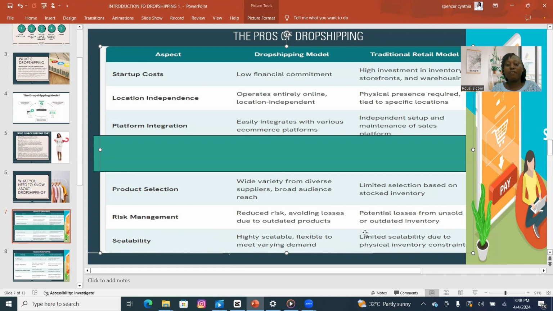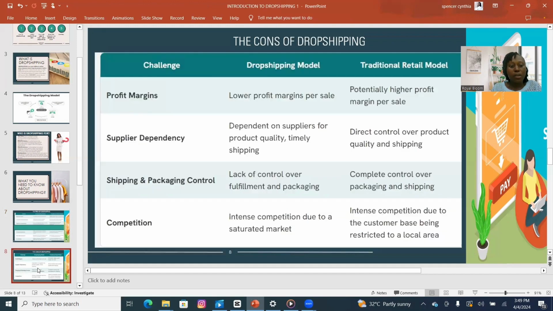Someone who has a shop will have to niche to either selling foodstuff or beauty products or even female or male wear. They will be limited to what they can sell. But for you, you can sell anything that you choose. But like I always advise, when you are starting out, please ensure to have a niche. Pick a niche for yourself. It will help you.